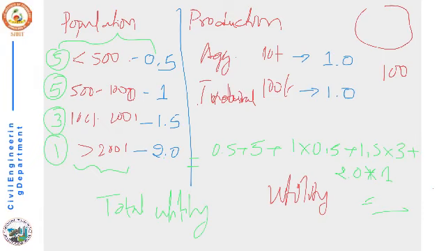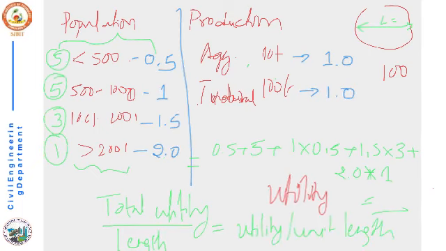Similarly for agriculture, based upon the agricultural output you have, find out the utility because of the production, add both, and we will get the total utility. To find out utility per unit length, we need the total length of the network, L. If you divide the total utility by the length of the road, this gives us the utility per unit length.